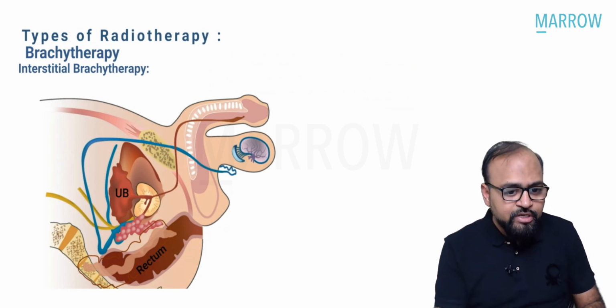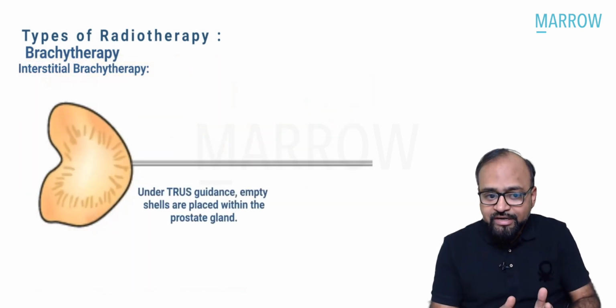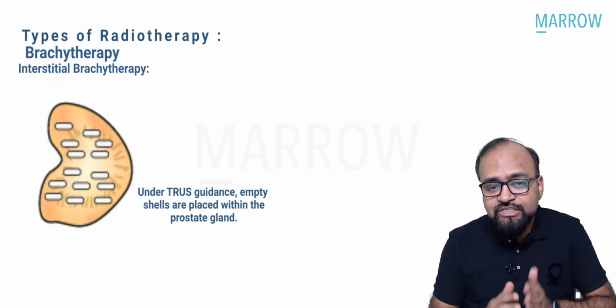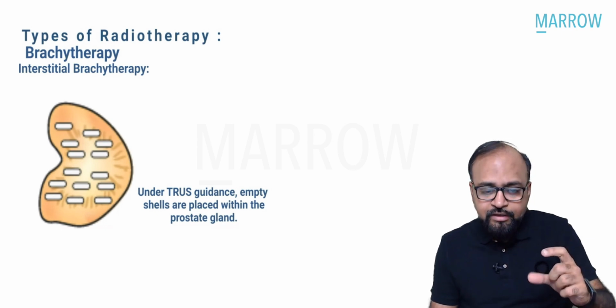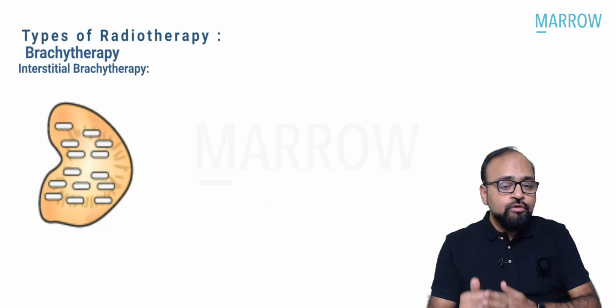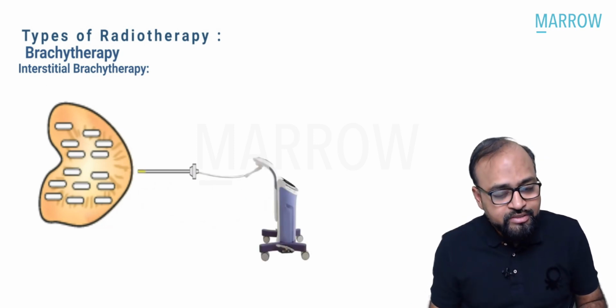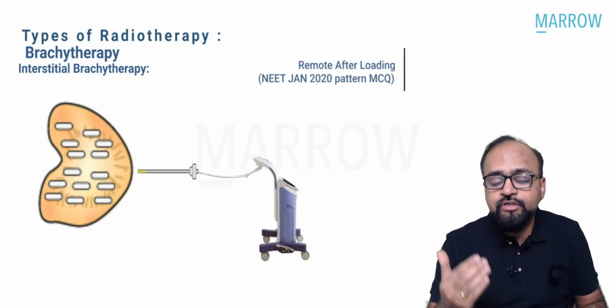What we do here is, by doing a transrectal ultrasound, by visualizing the prostate gland well, we insert empty metallic shells within the prostate gland. Once we put these shells within the prostate gland, the department personnel goes away. There is a computer, you can say a sort of robot, which comes into play, and this was also a NEET-PG question which was asked. This robotic technique is what is called remote afterloading.